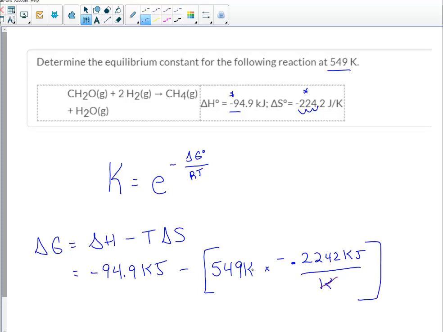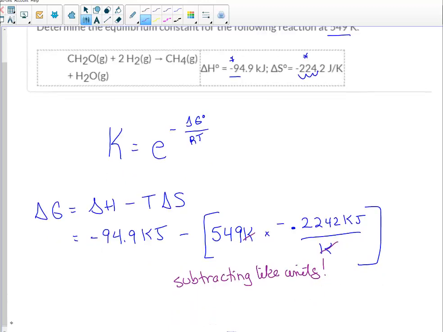Kelvin's canceled, and I'm subtracting like units. So let's hit for delta G. I'm going to solve that bracket first. 549 times negative 0.2242. And that simplifies to negative 123.0858.